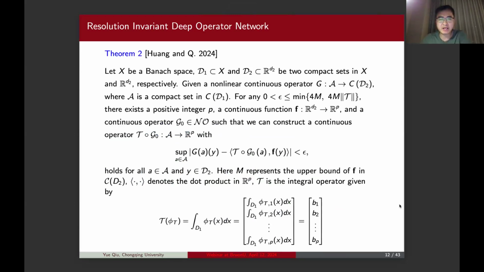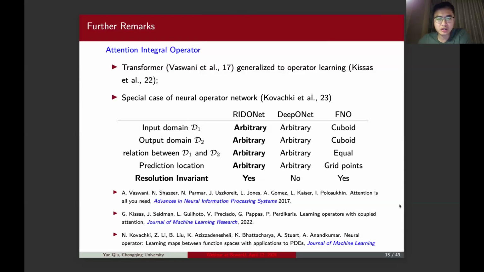So by just introducing this integral operator, we are able to give a universal generalized approximation theorem for our model. Okay, then to summarize or compare the differences a little bit.